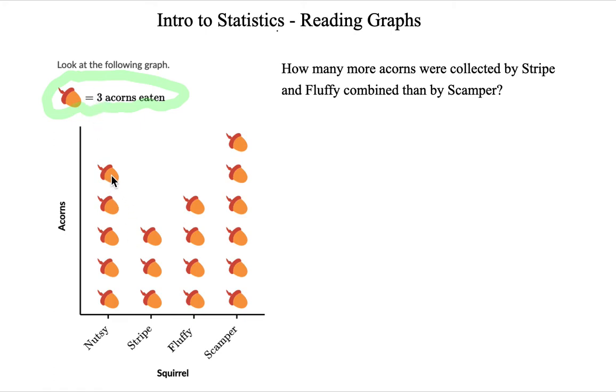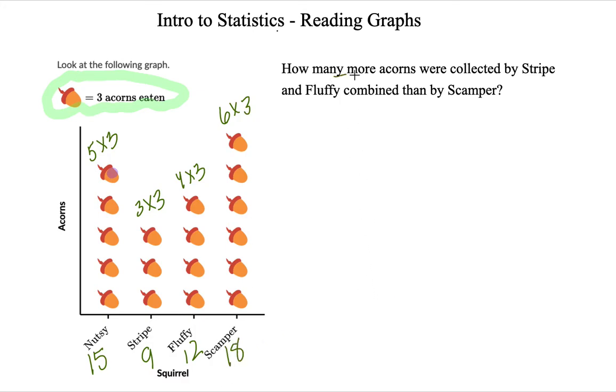So, let's see. 1, 2, 3, 4, 5. 5 times 3 is 15. 3 times 3, we have 9. 4 times 3 is 12. And 6 times 3 is 18.